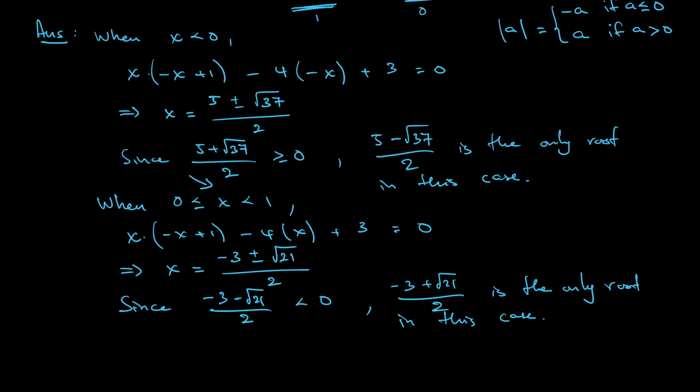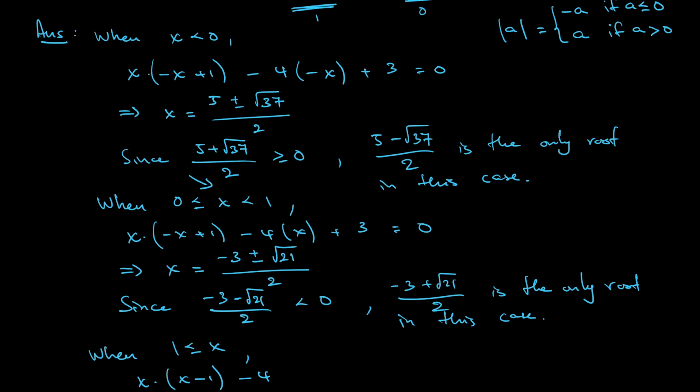The last interval that I should consider is when x is greater than or equal to 1, or when 1 is smaller than or equal to x. So the equation will become x multiplied by x minus 1, which is now guaranteed as a non-negative value, so coming out of the absolute value would be x minus 1.